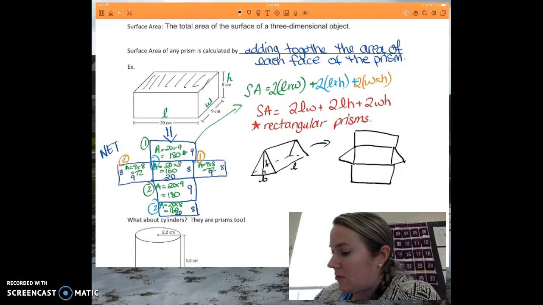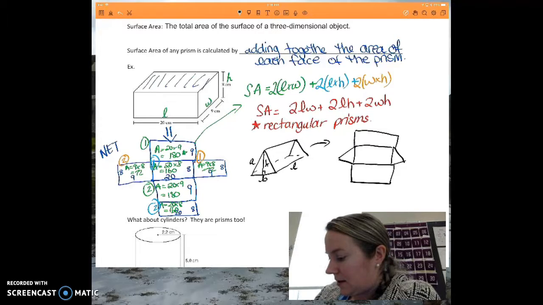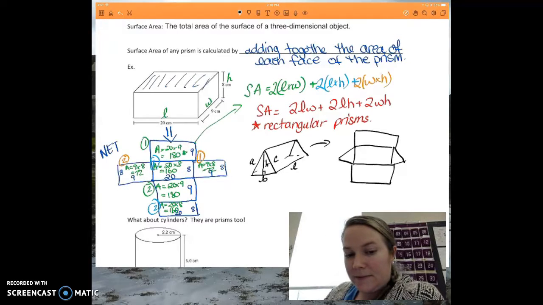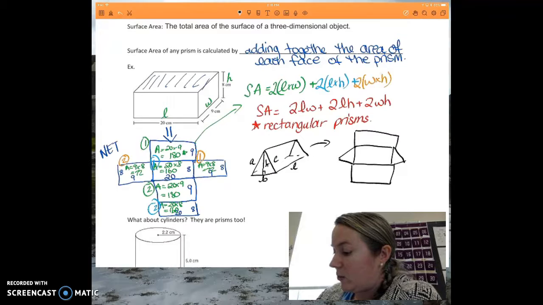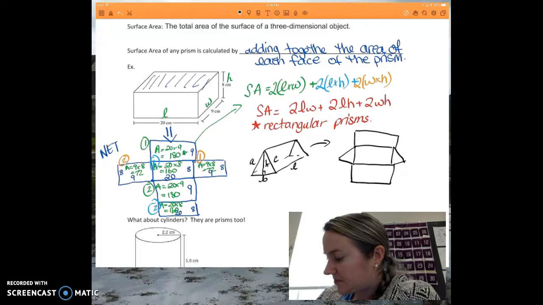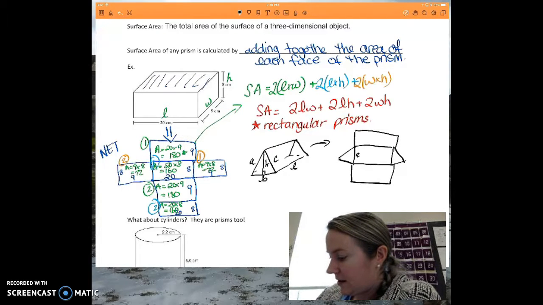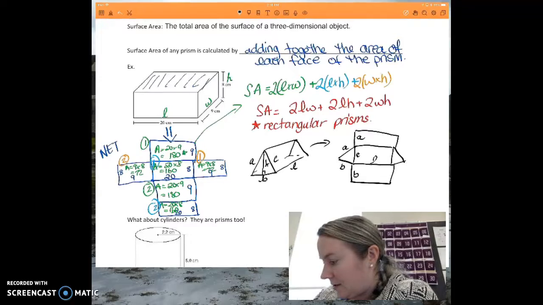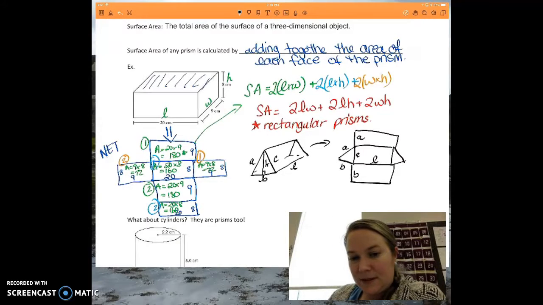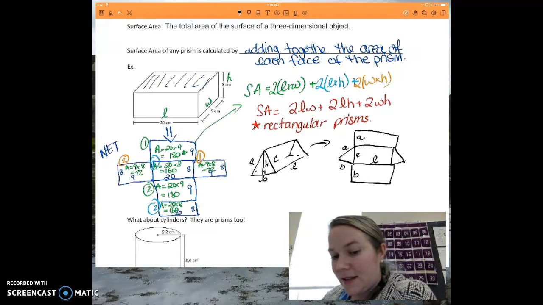And if we say that we have side A, side C, that then we would have C, A, B, and L. Okay, does that make sense?